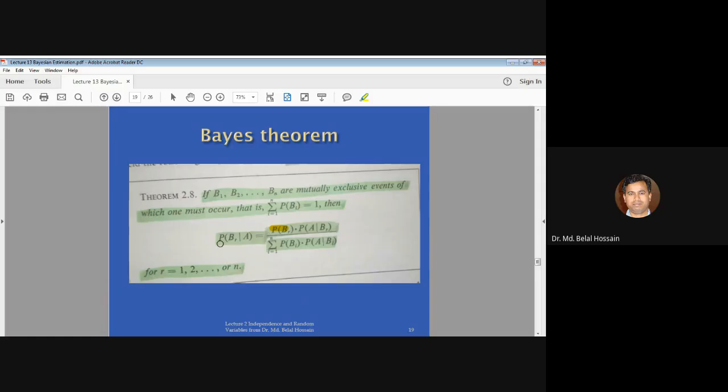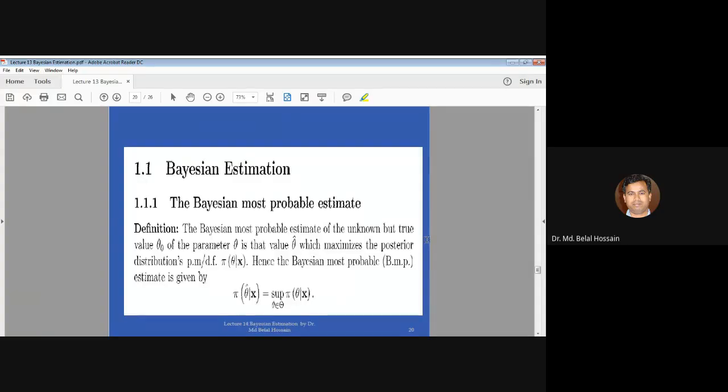And we actually are going to calculate the posterior probability, they call it, with the help of this prior probability. So the information that is known in advance, that is the prior probability, and this is coming from the Bayes theorem. So that Bayesian estimation is actually upgrading knowledge based on that prior information.